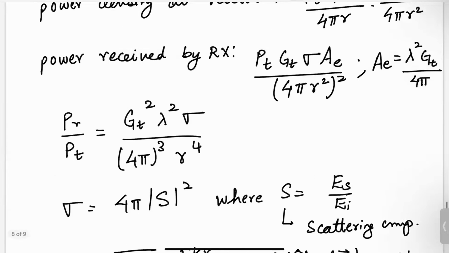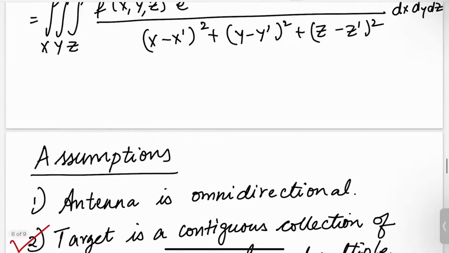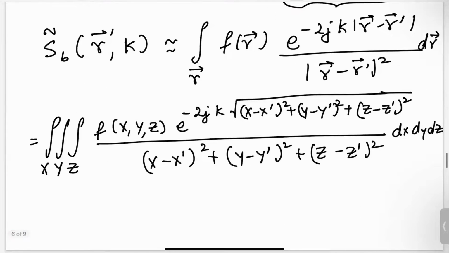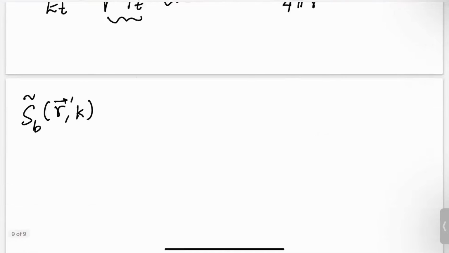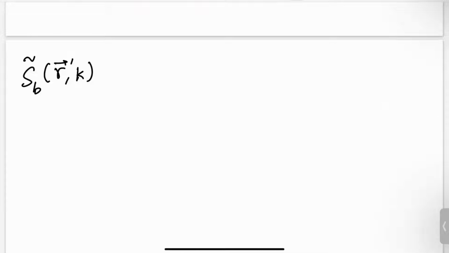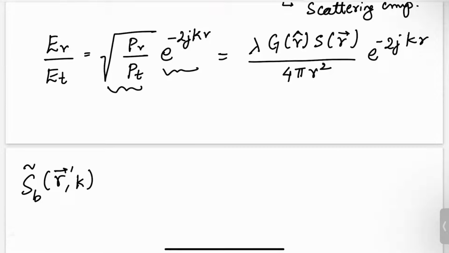So if we go back, we had this integral, right? So I want to rewrite this integral, to say what exactly is this f in terms of the scattering amplitude of your target. So this would be better to write like this.